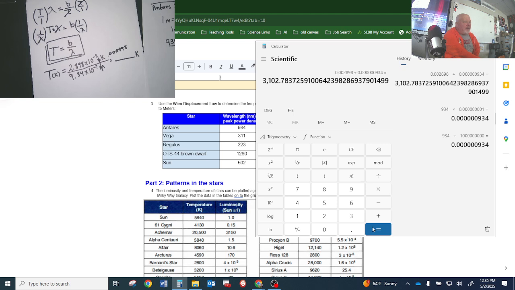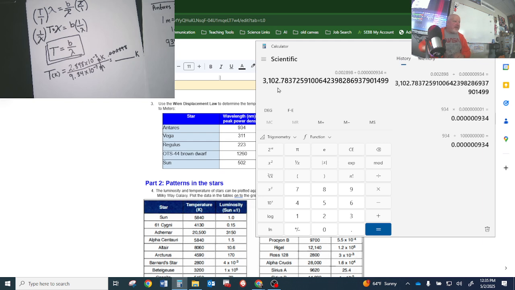And, okay, I get something with a lot of numbers here. Don't worry about it. Just look at the first 4 numbers, all the numbers before the decimal point, and the one right after it, so we know how to round. This is 3,100, and it says 2, but that 7's going to round that 2 up to a 3.